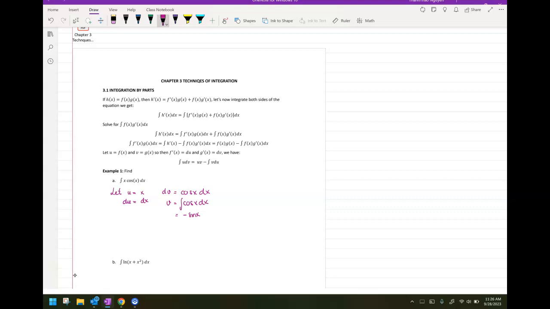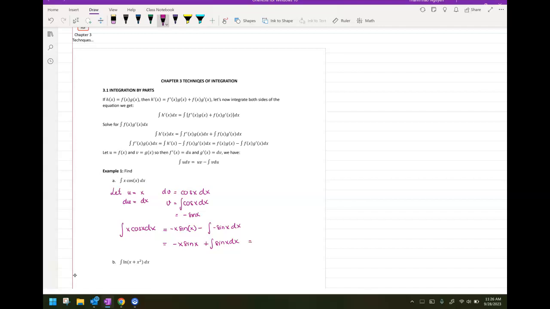So then we use integration by parts, and we can rewrite it as follows. The integral of x times cosine of x dx is equal to u times v, which is x times sine of x, minus the integral of v du, so minus the integral of sine of x dx.